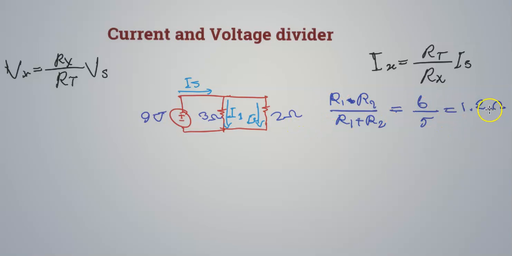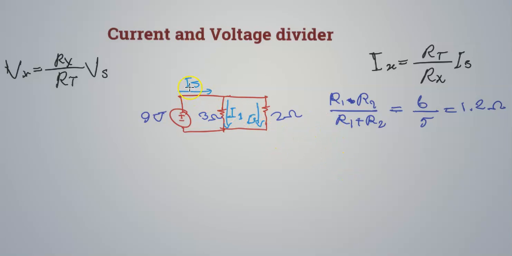So if this is the total resistance, we need to find the current source in order to find each individual current.